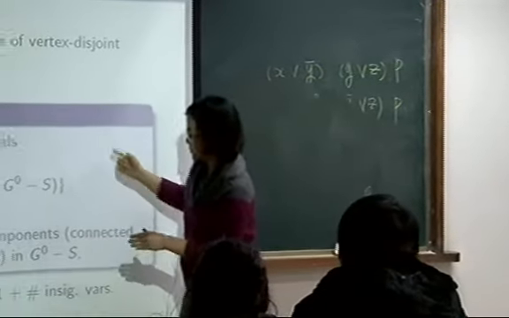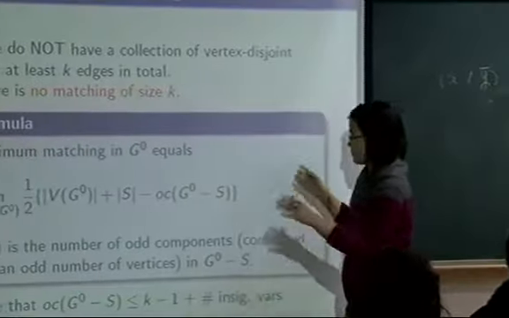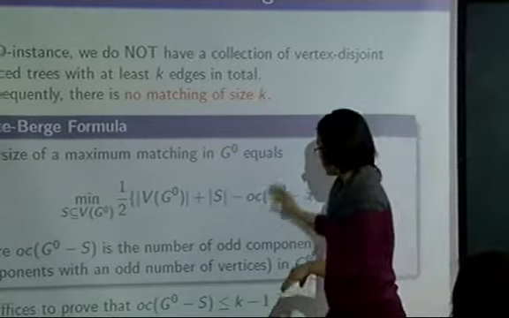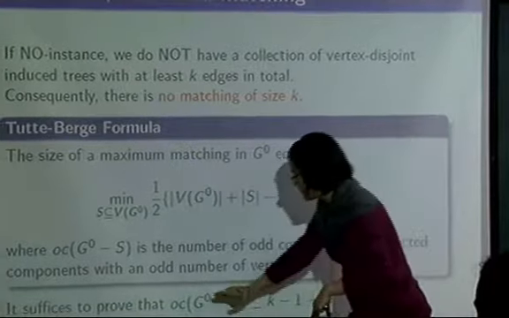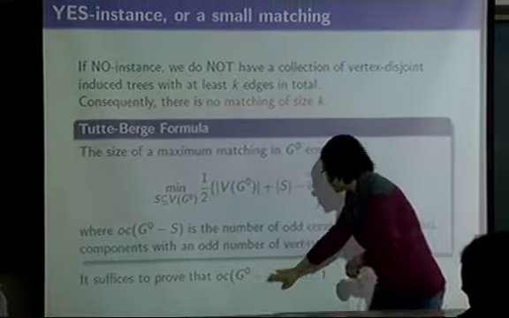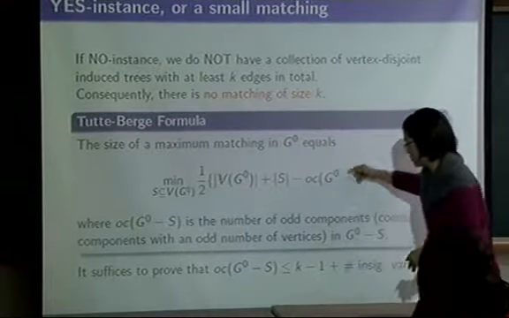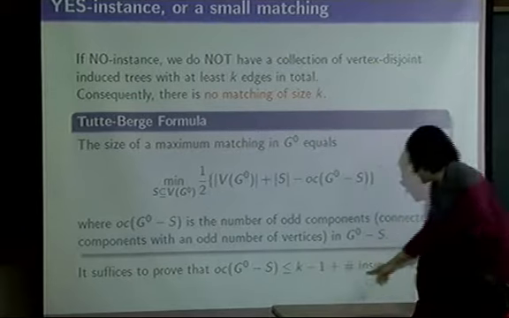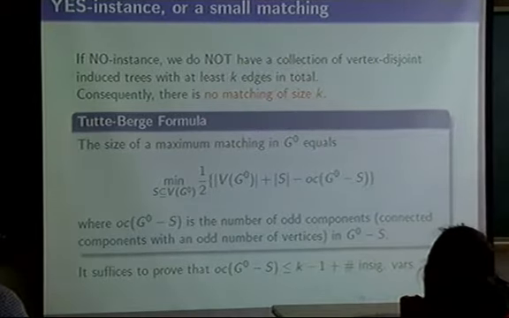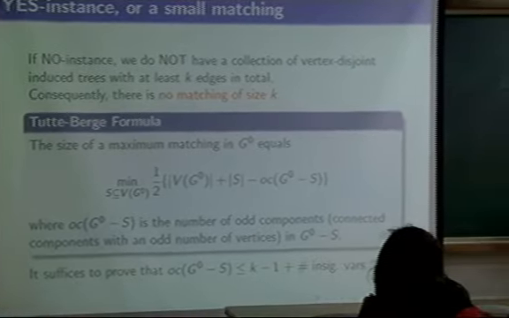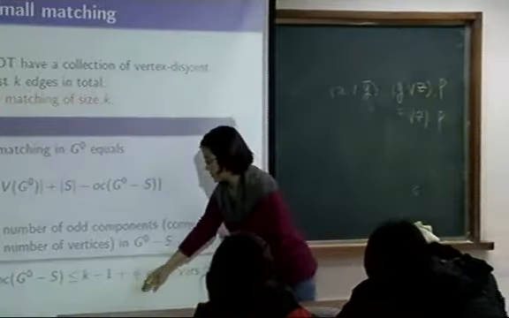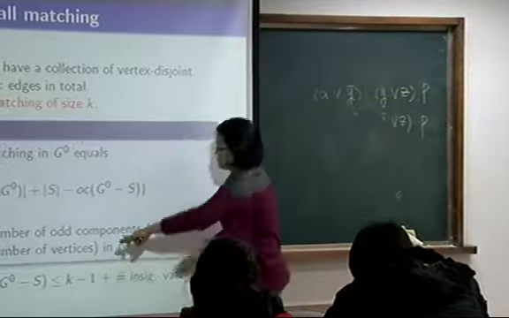it's not difficult to see that if you can prove that the number of odd components in G minus S, where S satisfies this formula, satisfies that, then we are done. And it's not difficult to see that this is true.